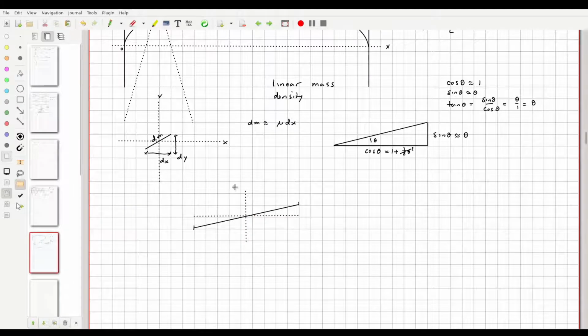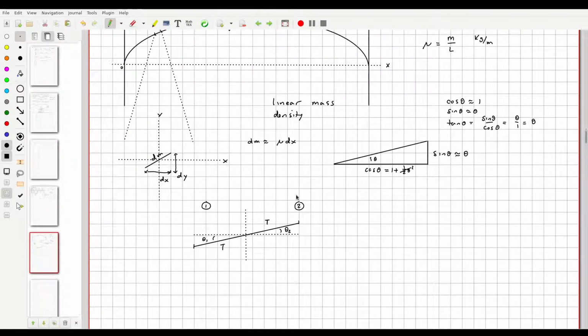Like I said, this is an infinitesimally small piece of string. The tension on this side is the same as the tension on this side, but this may not be a line. This might be an arc. If I call this side 1 and this side 2, our angles here might be different, even though the tensions in magnitude are the same.